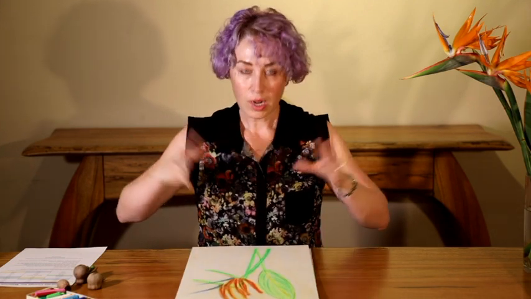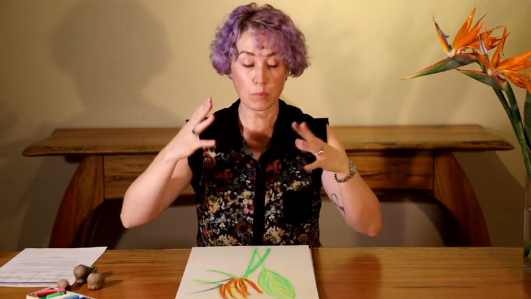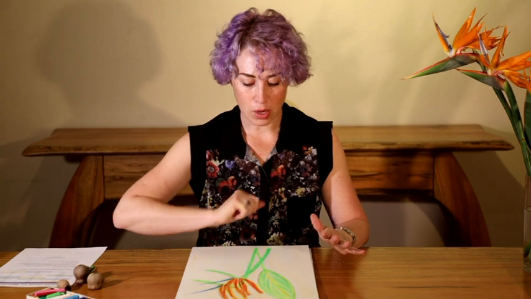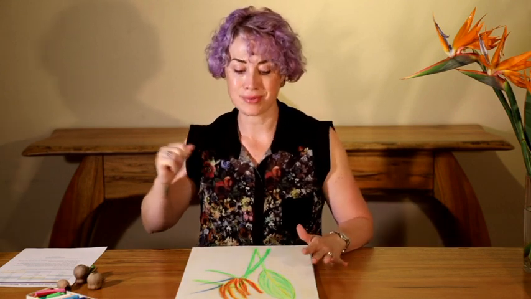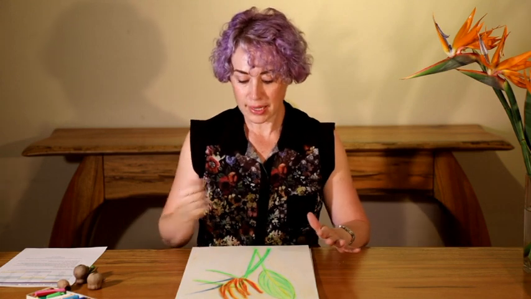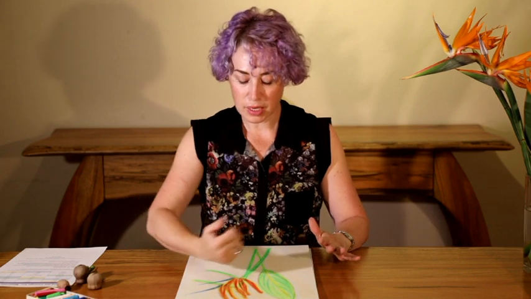But what I'd like to just discuss before we quickly wrap up is my process. So you would have seen it in fast time, but I used a lot of lines for today's mark making and a lot of smudging. So lines and smudging, using the pastels to do lines and smudging and making that the mark.